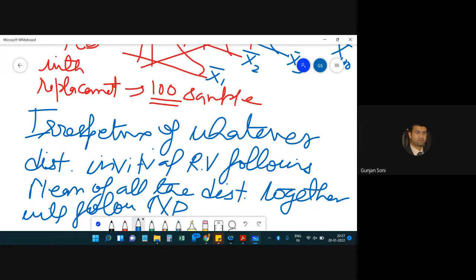I hope you understand this. So this is the implication of the central limit theorem. And using this only, the whole theory of statistical quality control is built.